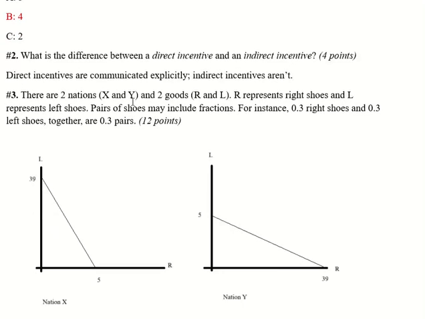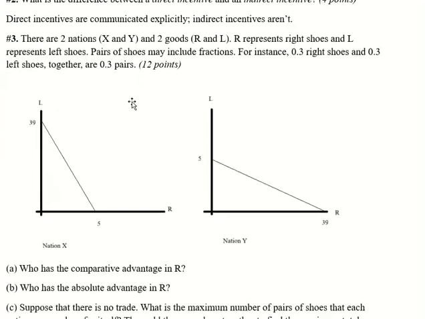Now, number 3 was about trading and comparative advantage. We had a very similar question in class with the hot dogs and the hot dog buns, but this one still caused a lot of issues on the quiz. So here we're looking at not hot dogs and buns, but left shoes and right shoes.